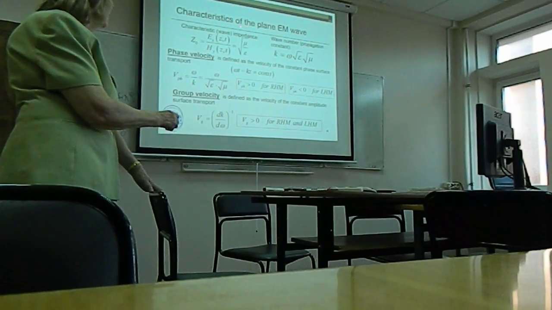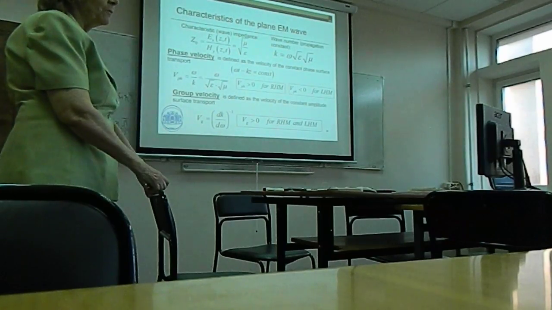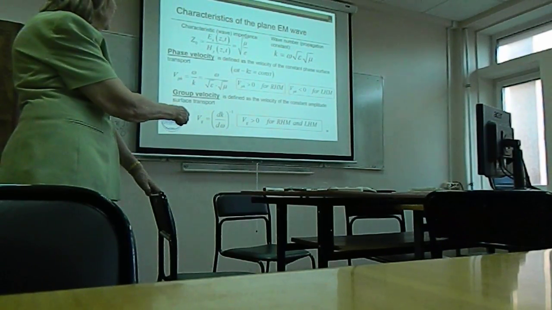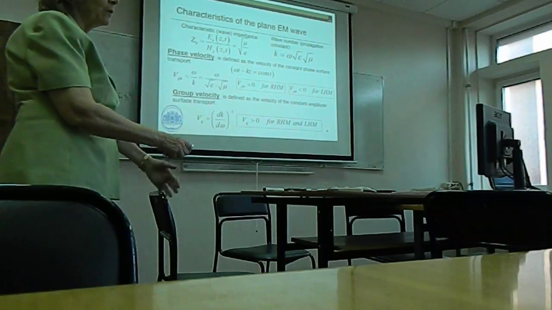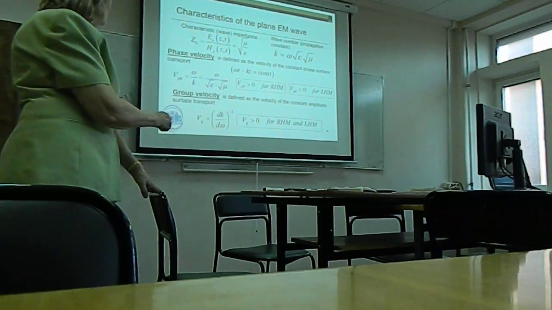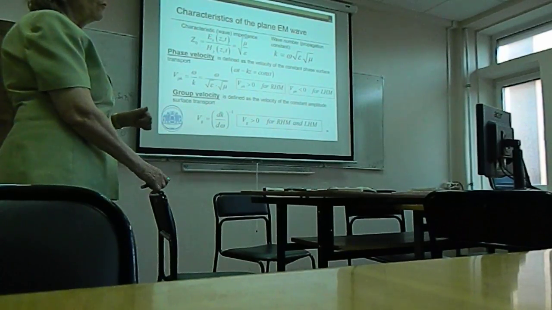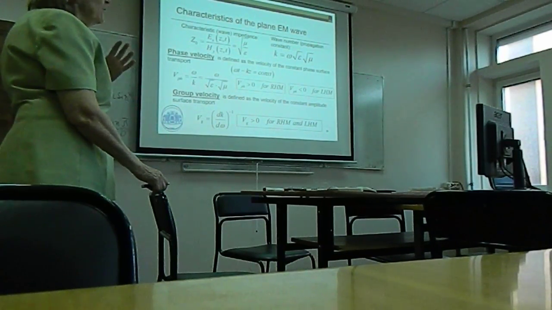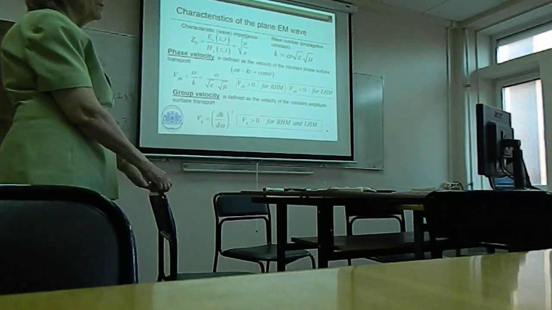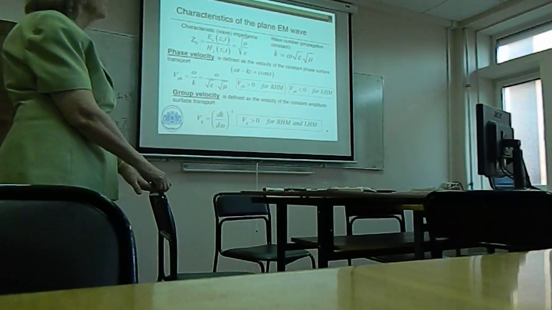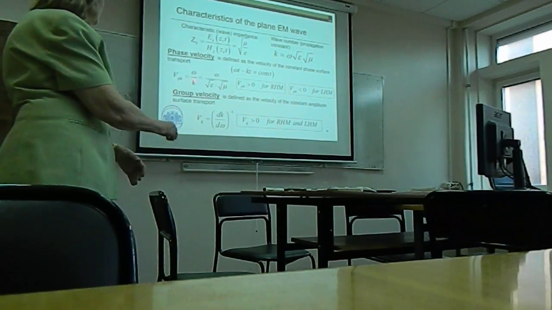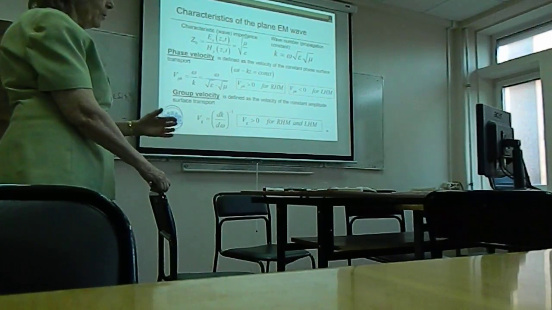In any case, this parameter is positive, because both positive, plus plus, or minus minus will give a positive value. So, for a forward wave or for a backward wave, the wave impedance is the same and is defined by the ratio of these parameters. If you change these parameters, the characteristic impedance will also change.